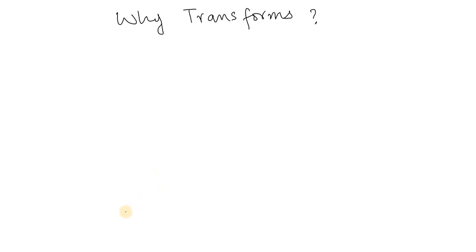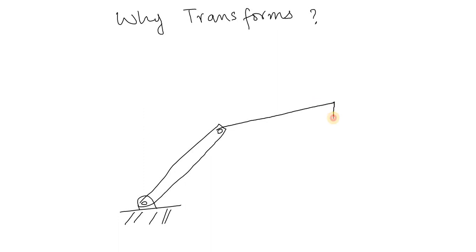If you remember the robotic manipulator, it has some kind of joints, and then there are some links, and on this link there is also some kind of manipulation device or gripper to manipulate the object.